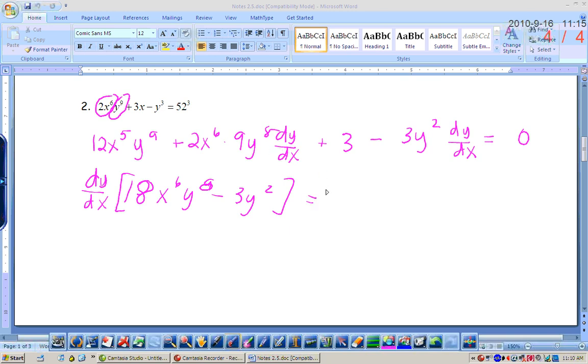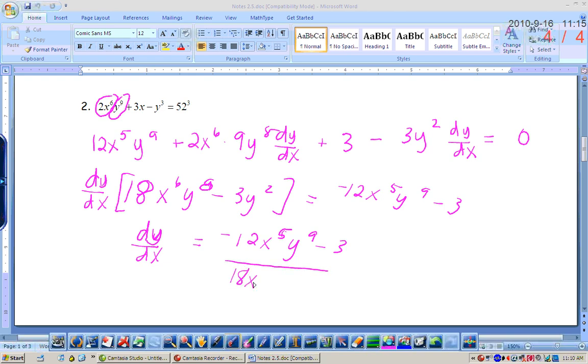All right, and then I need to move the negative 12x to the 5th, y to the 9th, minus 3 over to the right. And then I can just divide. Is everybody okay on that second step?